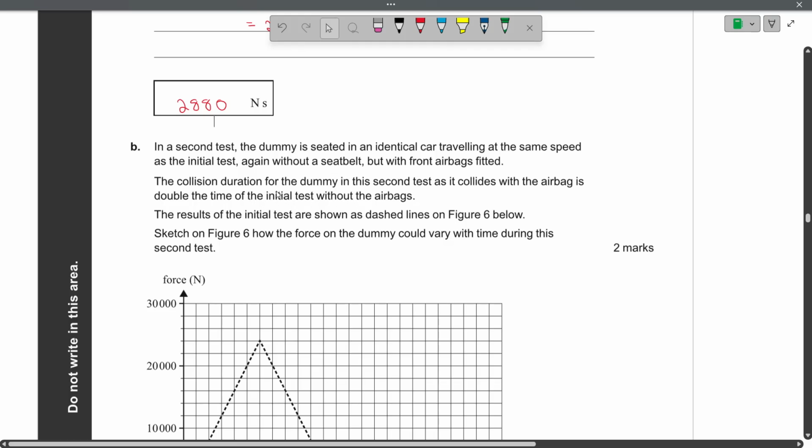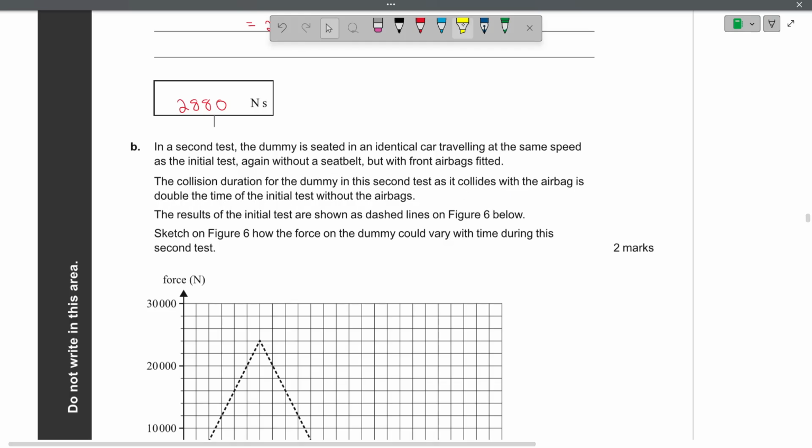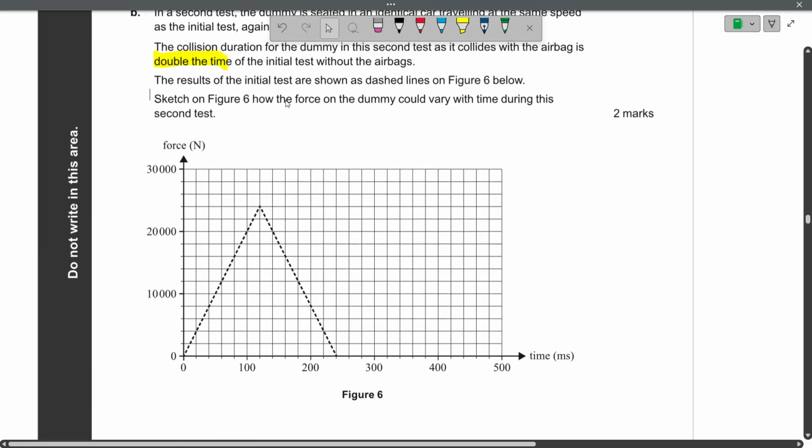The collision duration for the dummy in this second test as it collides with the airbag is double the time of the initial test without the airbags. The results of the initial test are shown as dashed lines on figure 6 below. Sketch on figure 6 how the force on the dummy could vary with time during this second test.